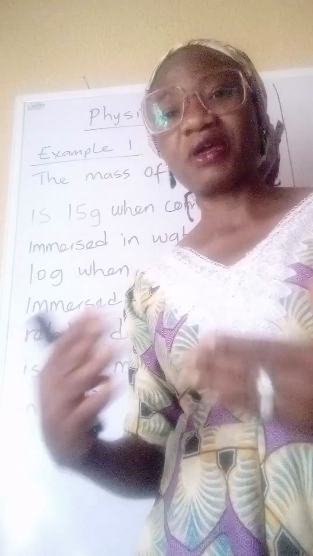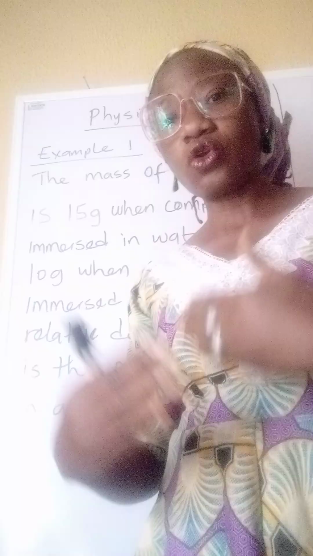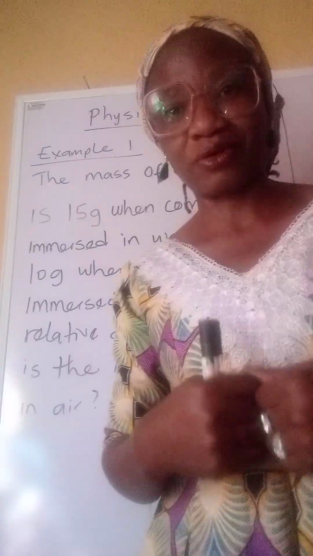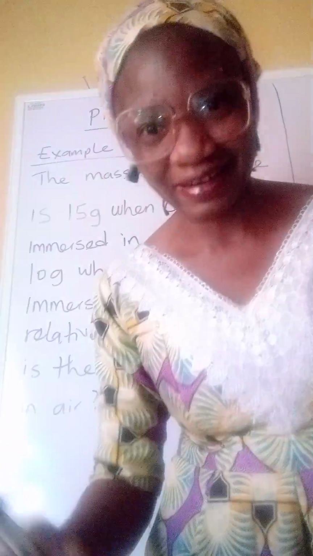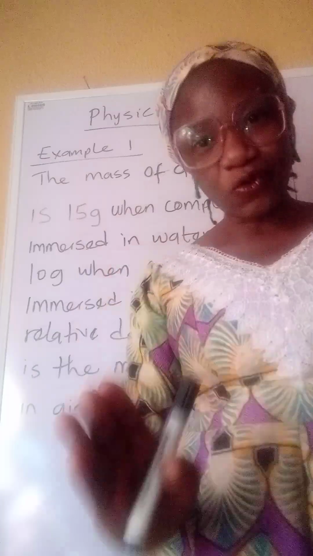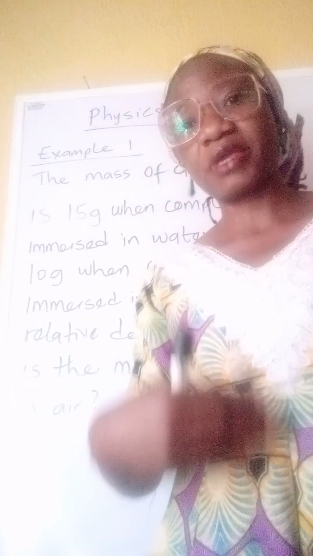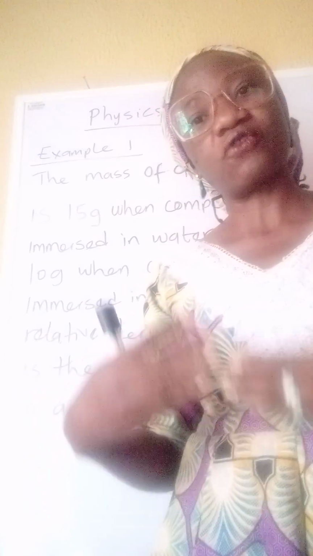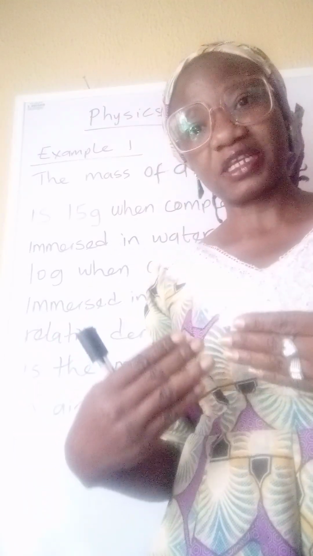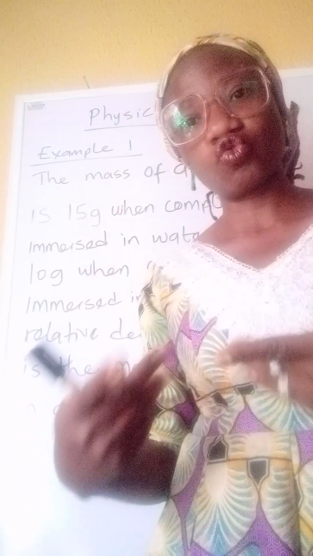So now let's solve this problem together. If you have been following me, I know you are intelligent. By now you should be able to establish the formula for relative density, especially if it has to do with two liquids.